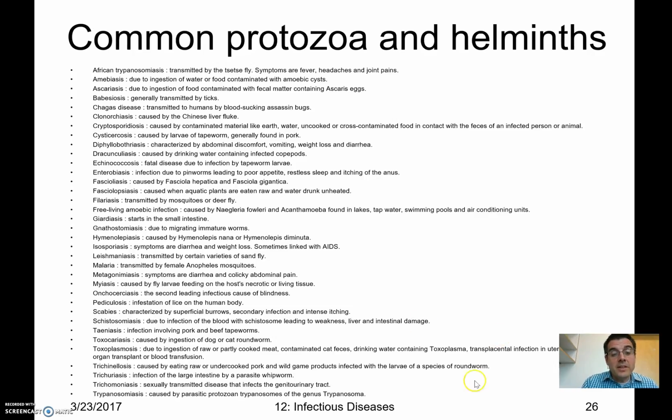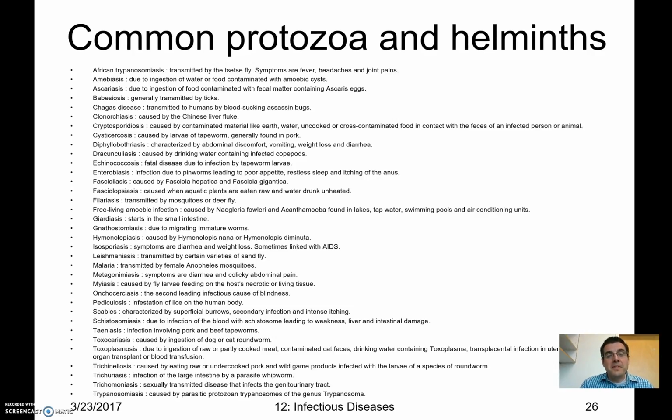One in here that's quite interesting is trichomoniasis. This is actually a sexually transmitted disease, and other ones like scabies cause intense itching due to the infections that occur in the skin, and I've already talked about leishmaniasis and malaria.